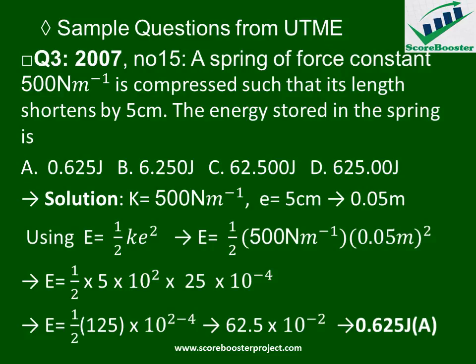Now we can readjust by multiplying the real digits here, and that will give us E equals half into 5 times 25 will give us 125, then times 10 raised to power 2 minus 4. Half of 125 is 62.5, then times 10 raised to power 2 minus 4 will give us 10 raised to power minus 2.